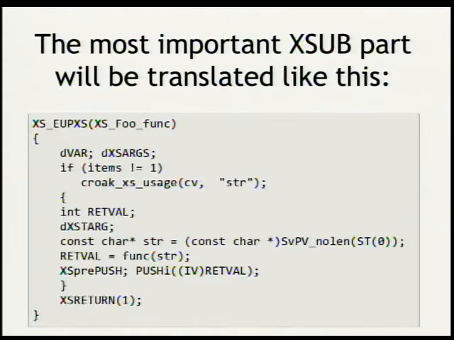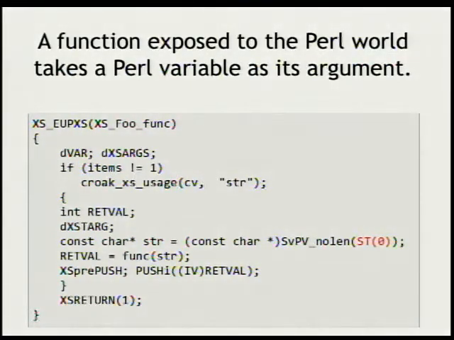And the most important extra part will be translated like this. After you run Makefile.PL and make, a function exposed to the Perl world takes a Perl variable as its argument.